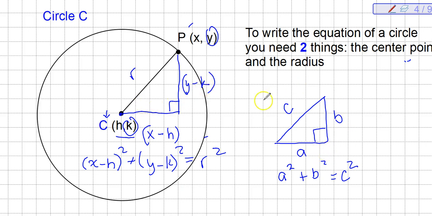I mean, isn't that what happens over here? It's transferable. So this standard form of the equation is just a transfer of the Pythagorean theorem. They're the same thing. It's just a different alphabet soup, right? Okay, here we go.